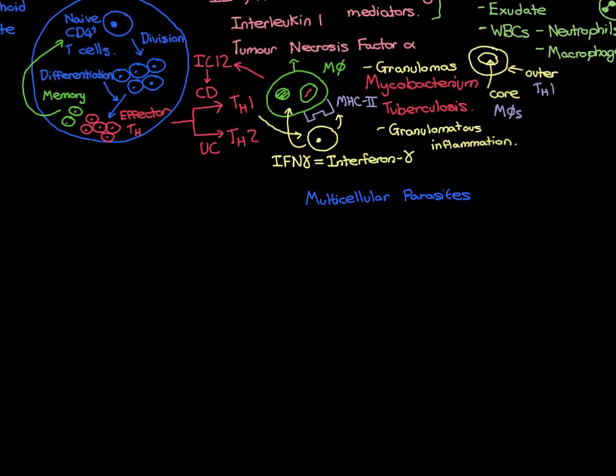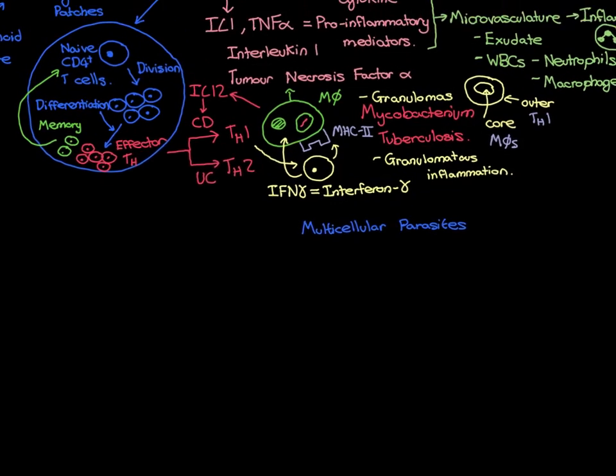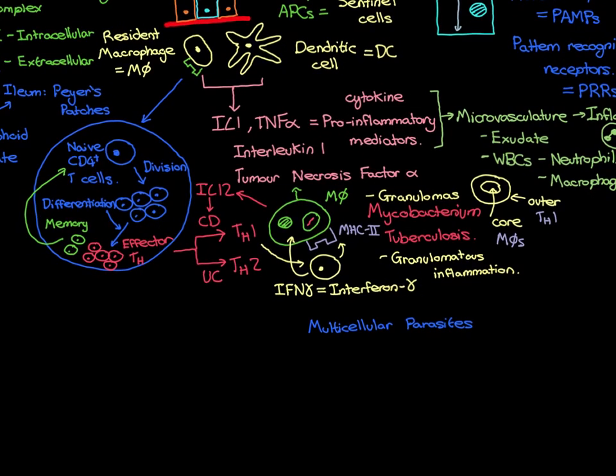Now, how are these extremely important in multicellular parasites? So let's go through the story then. So again, we're going to have to initiate the CD4 positive T cell adaptive immune response. So we'll start off with our antigen presenting cells here, phagocytosing potentially cells of the multicellular parasite.